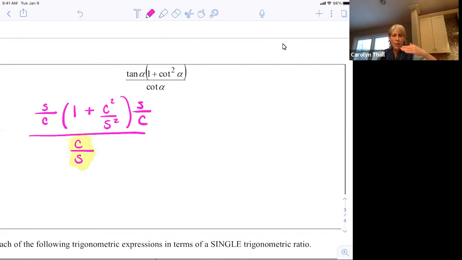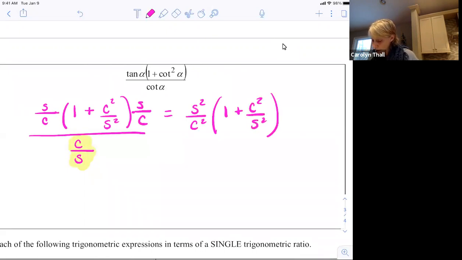Dividing by a fraction is like multiplying by the reciprocal. Now I have all times here. Let's see if that helps me at all. So I have sine squared over cosine squared. And inside, I have 1 plus cosine squared over sine squared.